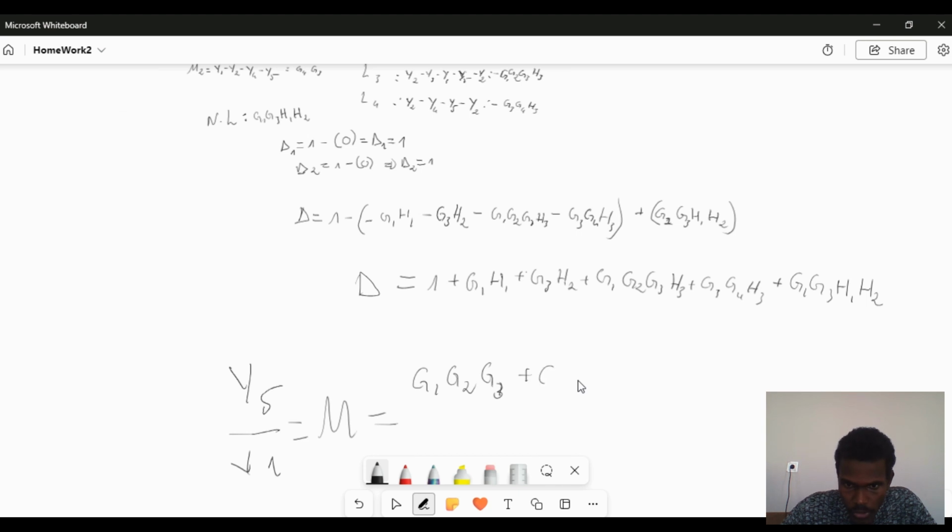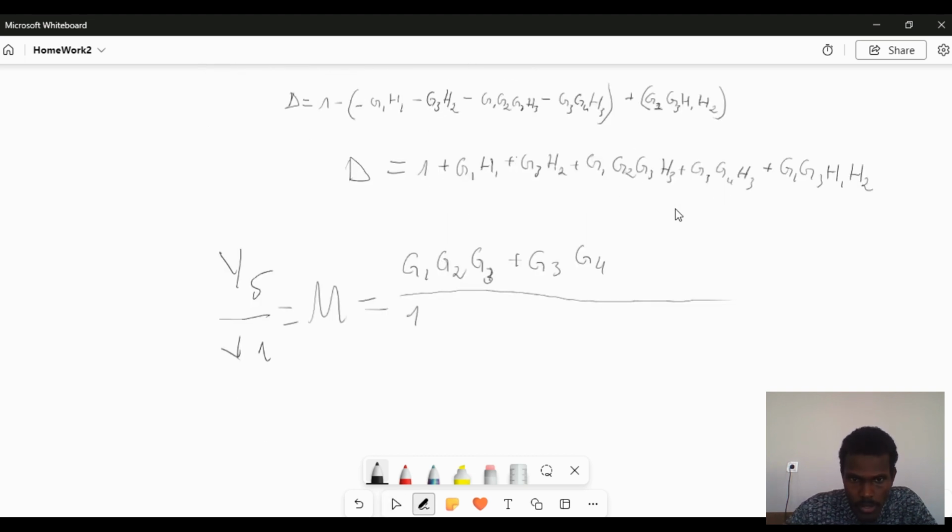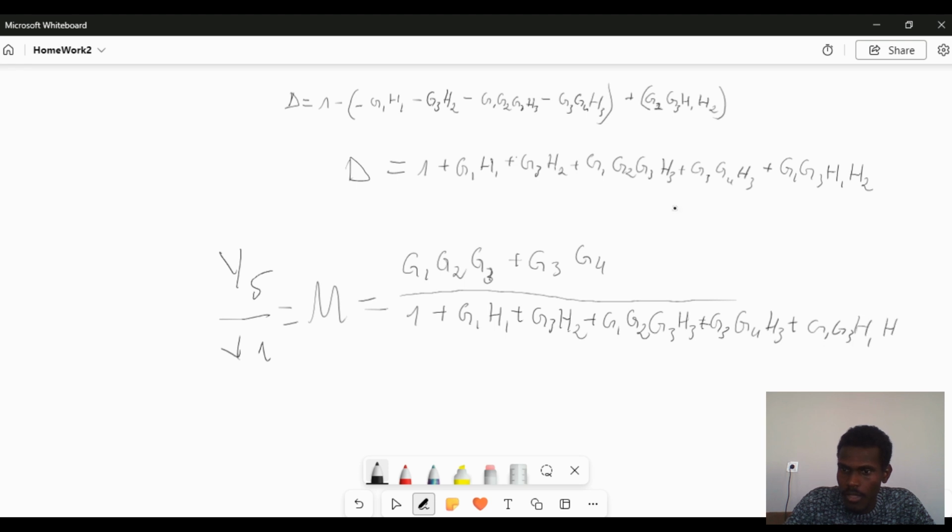So we can write g3 g4 divided by delta, where delta is 1 plus g1 h1 plus g3 h2 plus g1 g2 g3 h3 plus g3 g4 h3 plus g1 g3 h1 h2.